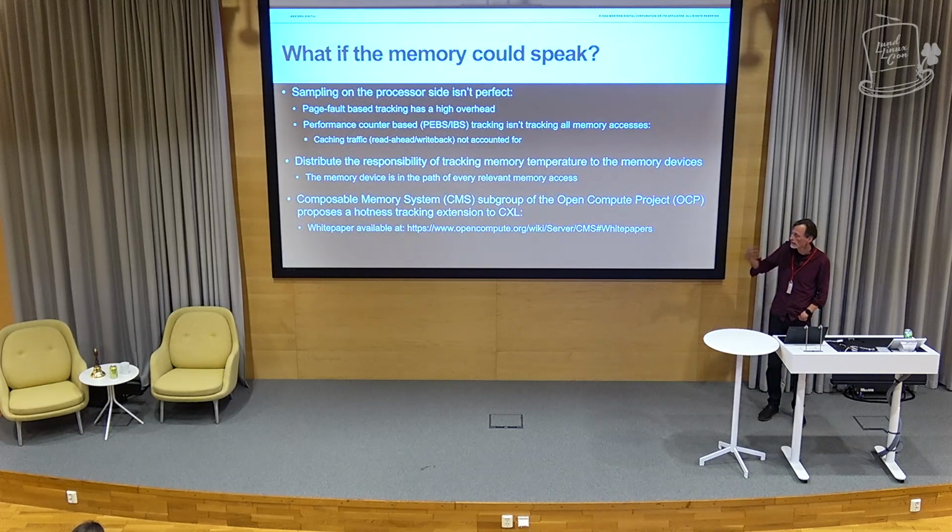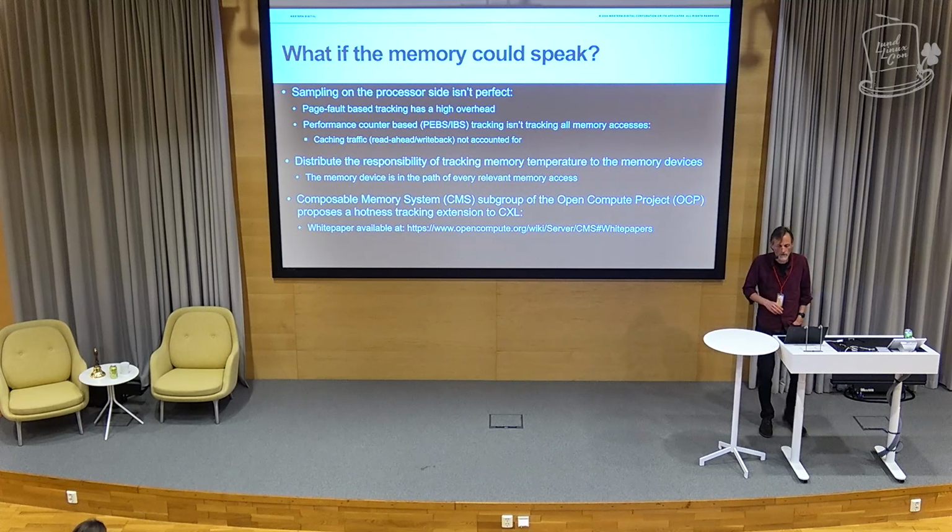But all the sampling isn't really perfect. First of all, the page fault based tracking comes with a certain overhead. It also has limited capacity. I mean, you can't really mark the full memory of an application and track everything. Usually, it's smaller chunks.